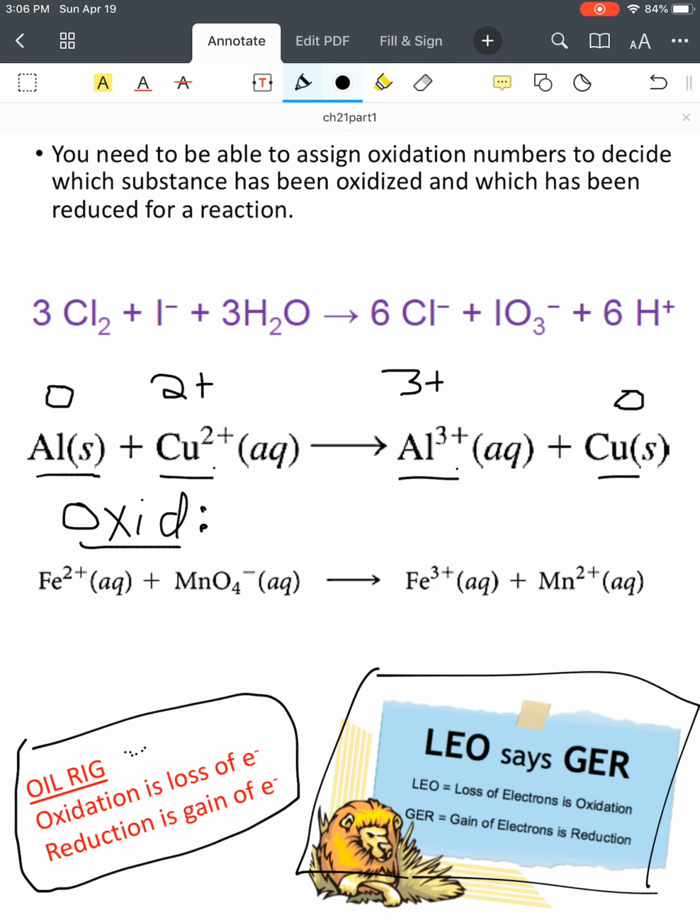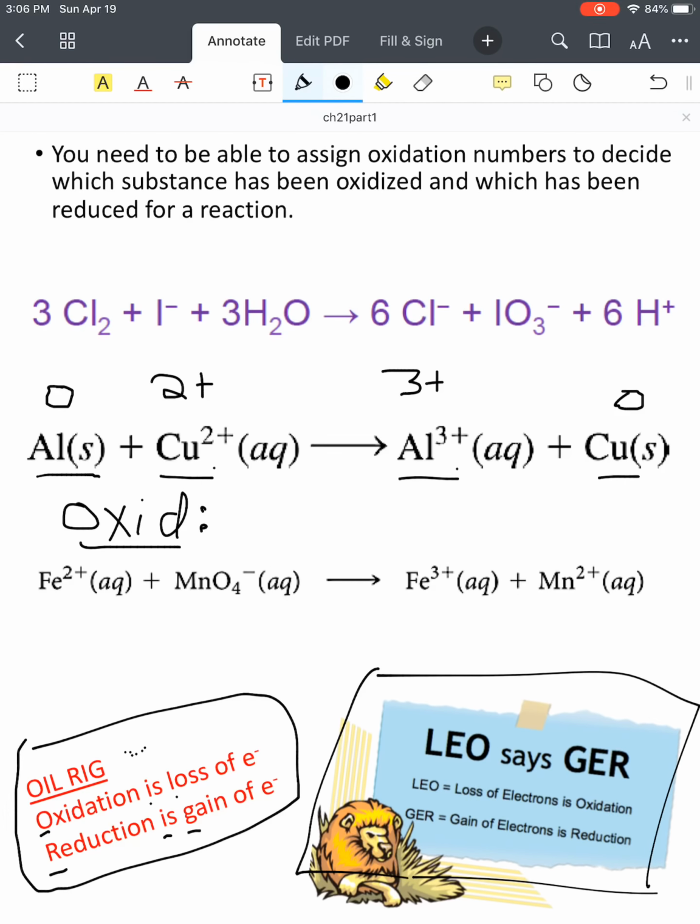One that I really like is this oil rig business over here on the left. Okay, oil rig. We're in West Texas. There's lots of oil rigs, right? They're familiar sites, so maybe that's easy to remember. Well, if it is, that helps you because you can remember that oxidation is the loss of electrons and reduction is the gain of electrons.